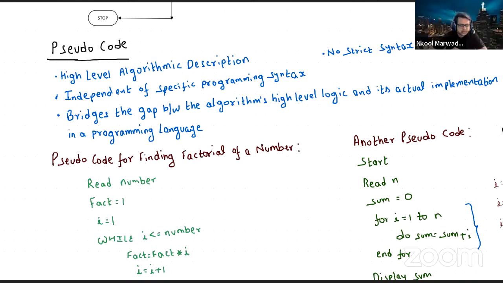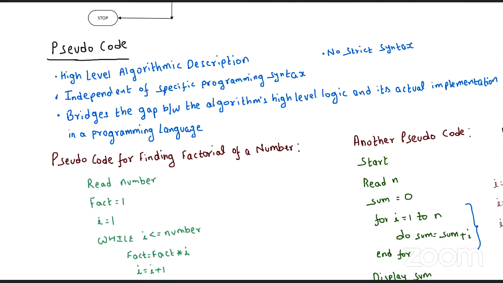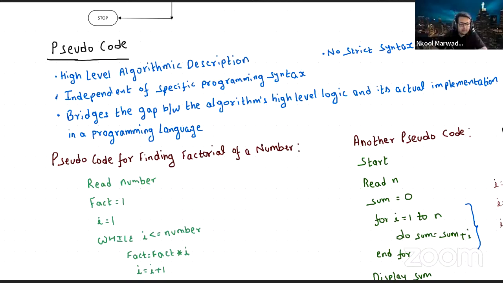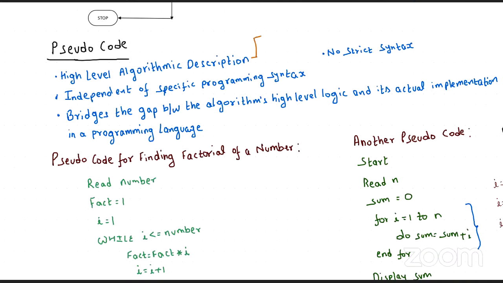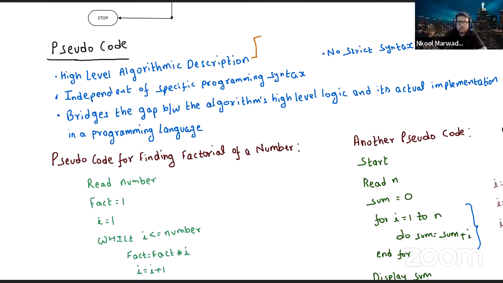So pseudocode is language independent. It is readable and understandable, as we have seen. It's a high level algorithmic description. No strict syntax is followed. And it uses natural language.